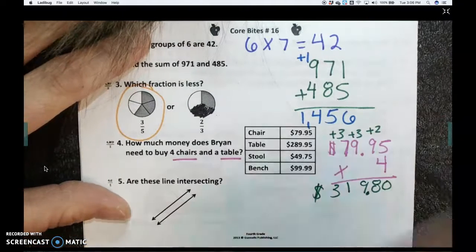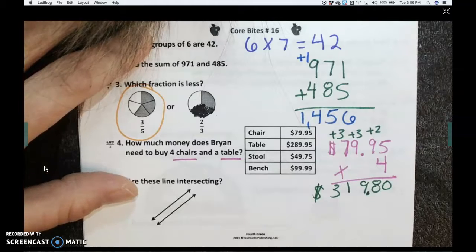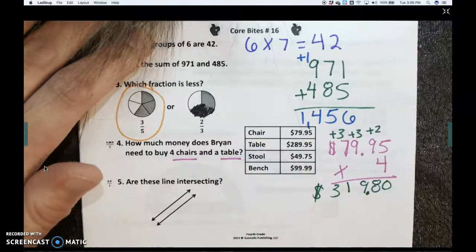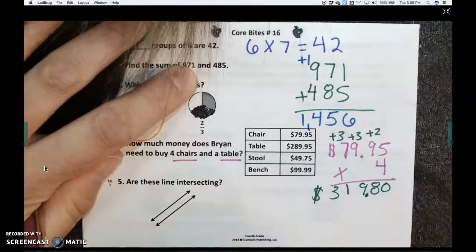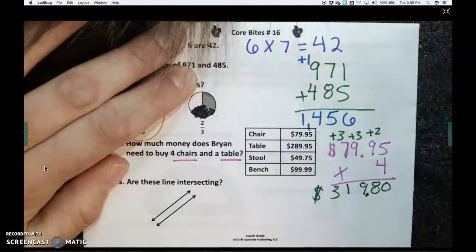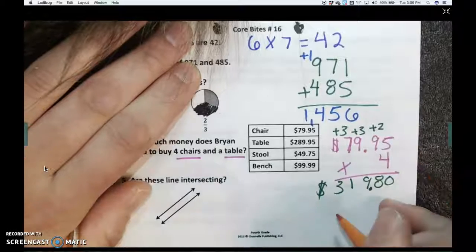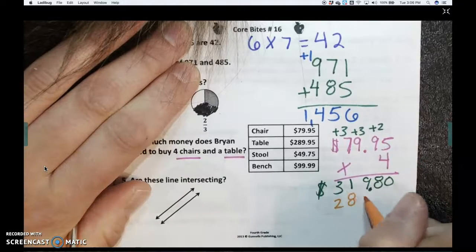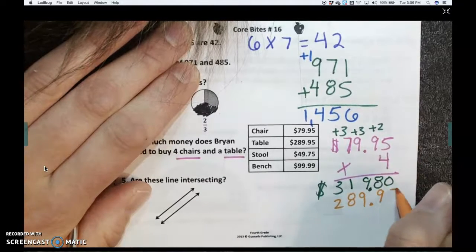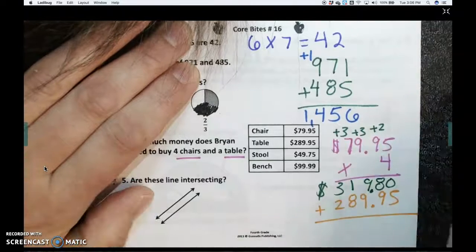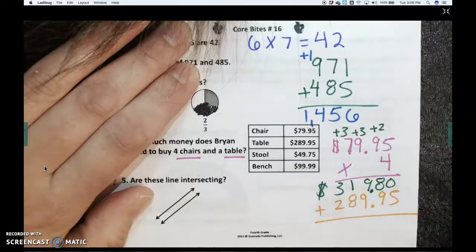So, but he still wants to get the table, and the table is $289 plus 95 cents. So if we add that in, guys, and we say $289.95 and add that to get our total. Okay, we're trying to see how much that's all going to be together.